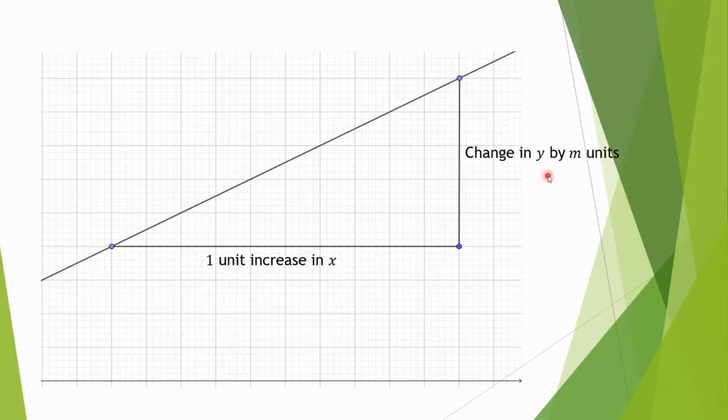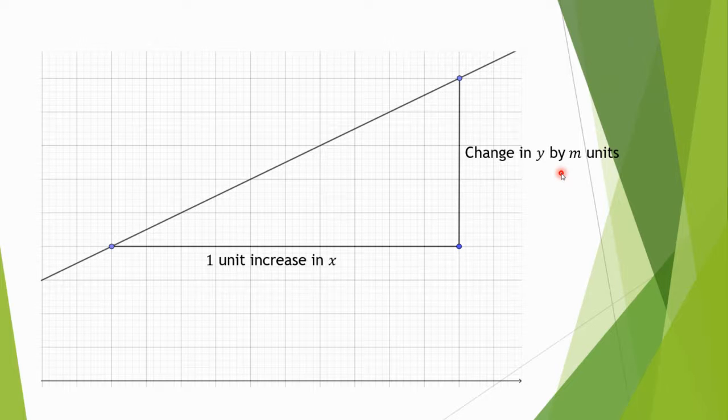You can show it directly by calculation, but if you increase x by a unit, your output is going to change by m units. It might increase, it might decrease, but that's really why it's called the rate of change. And that's really the significance of the slope.